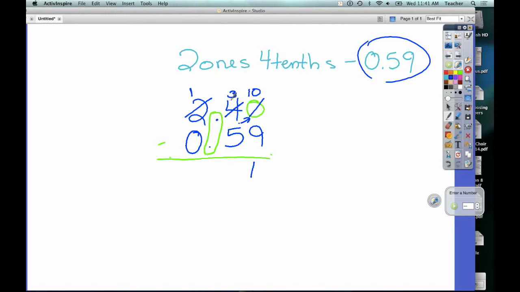Do I get rid of my 3 and just say it's 10? No, what do I need to do? 10 plus 3. That would give me, everybody? 13. What's 13 minus 5? If you need to use your fingers and toes, then you might need to use them until you can learn how to add and subtract. 8. What's 1 minus nothing? What do I do with my decimals? Bring it down. If you did not get 1 and 81/100ths, you will probably have some extra practice that you're going to need to do.